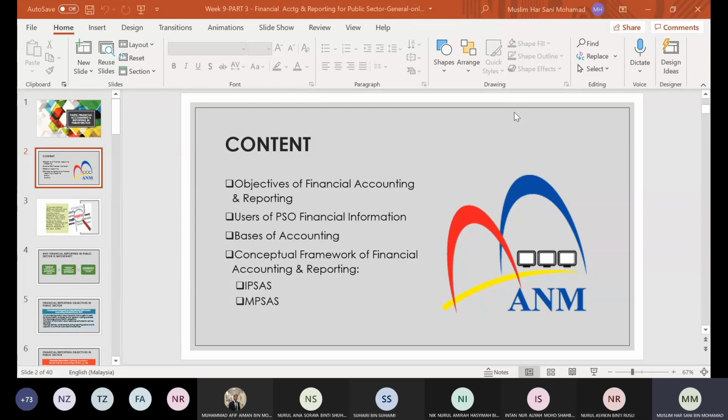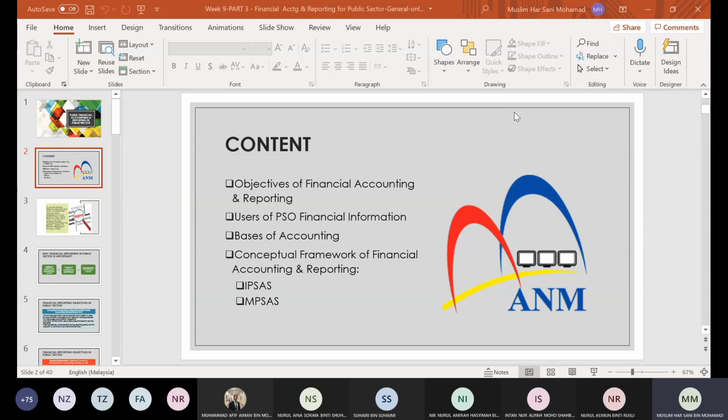Let's say I give you one question. When we discussed budgetary control, what was the main common responsibility center in government? Anyone remember? Main type of responsibility centers for government organizations.